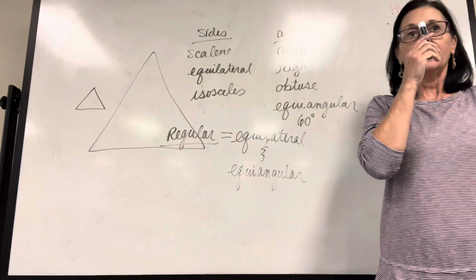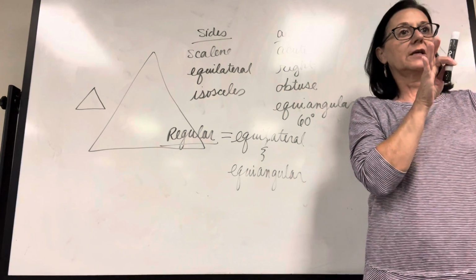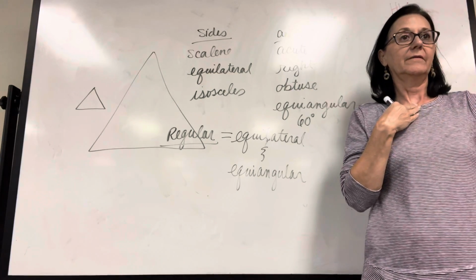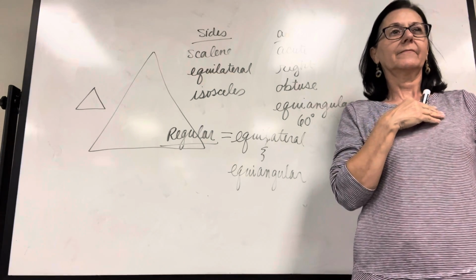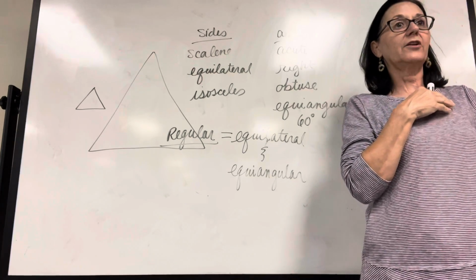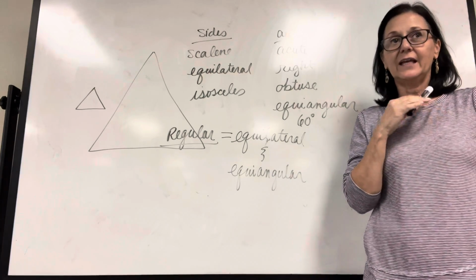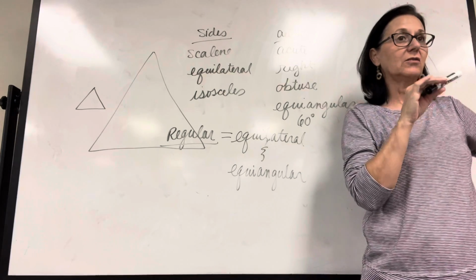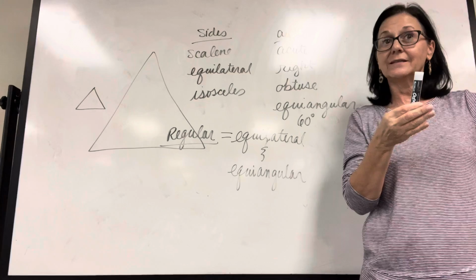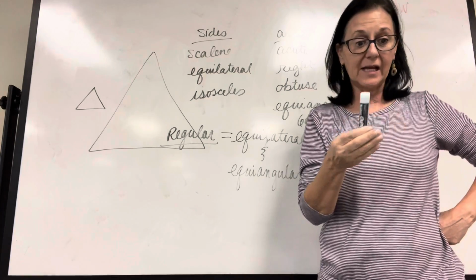But what else can I know? I can know the measure of any angle, can't I? I can know that the measures of the internal angles are all 60 degrees. Right? Does that make sense?